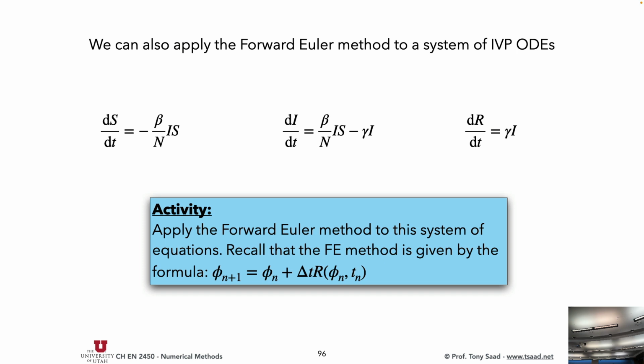No, but that's the recurrence formula. You write it as S_{n+1} in terms of S_n. That's what I want. Just express S_{n+1}, I_{n+1} and R_{n+1}. You simply take your forward Euler formula and apply it to each one of those equations.